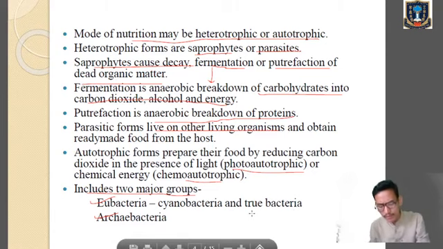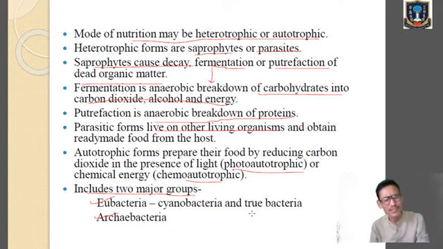Under archaebacteria, which are the primitive ones, which can thrive under extreme environmental conditions, we will get halophiles, thermoacidophiles, and methanogens. They are the oldest or primitive type of bacteria on this planet, mainly the archaebacteria. Thus now we have finished the characteristics of kingdom Monera. So kindly go through it.